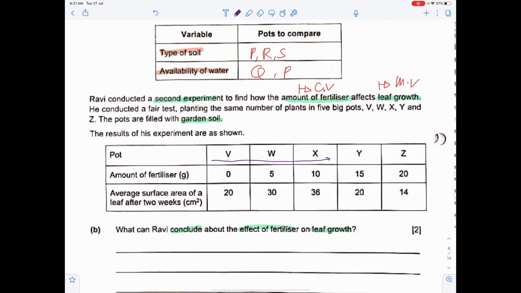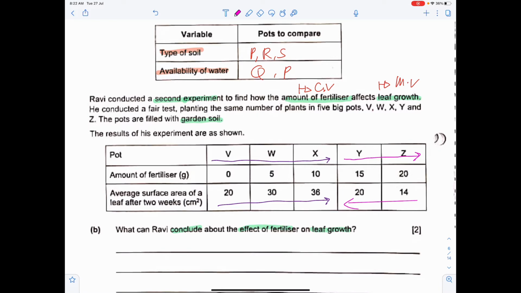So this is what you can do also. Okay, so as amount of fertilizer increases from 0 to 10, average surface area also increases. Okay, but there is a second trend. As you increase further from 10 to 20, what happens? It decreases. It's an opposing trend.